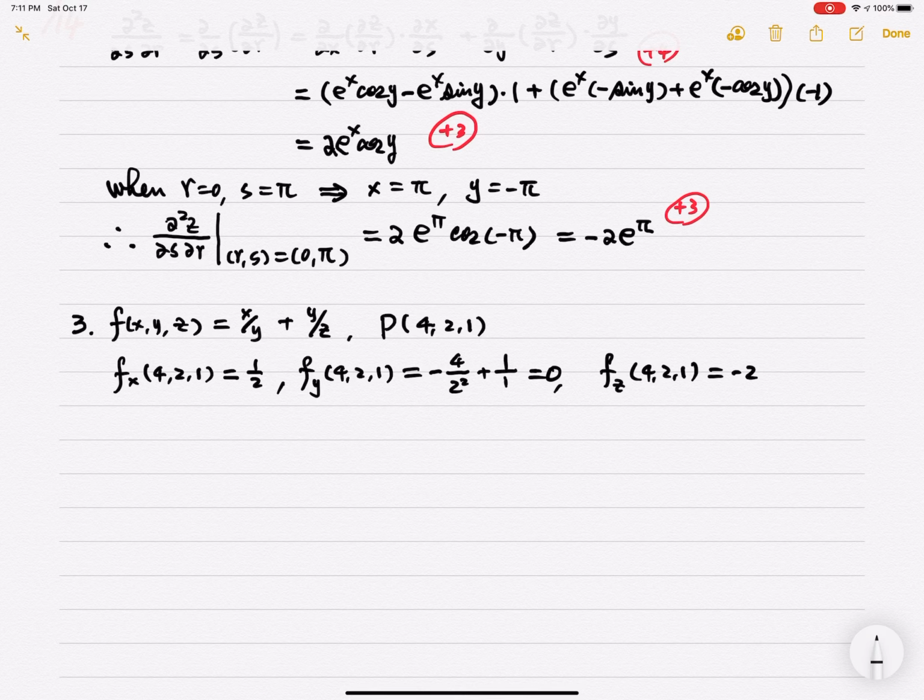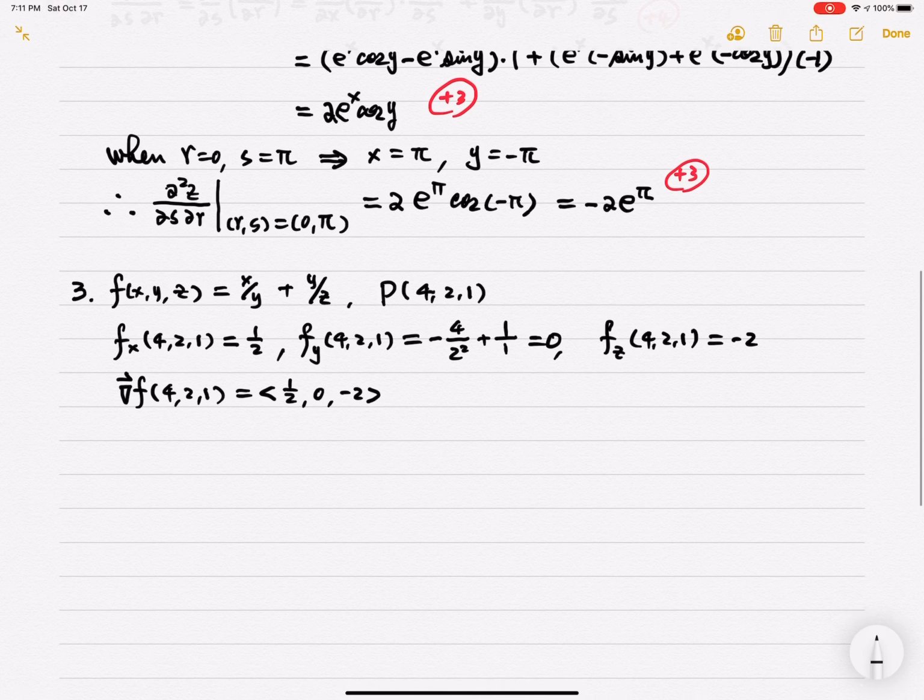And then the gradient vector of f evaluated at (4, 2, 1) is equal to (1/2, 0, negative 2). So that's the gradient vector.